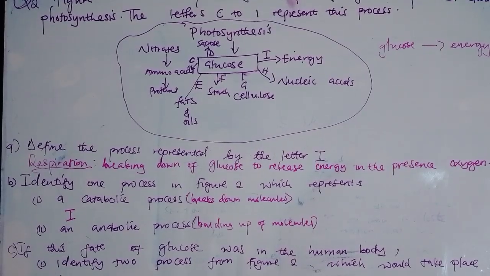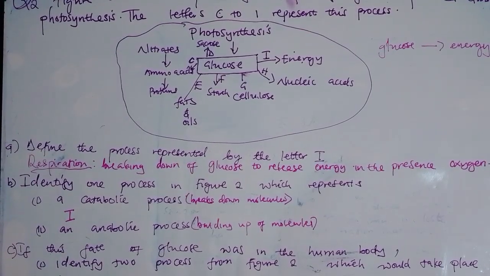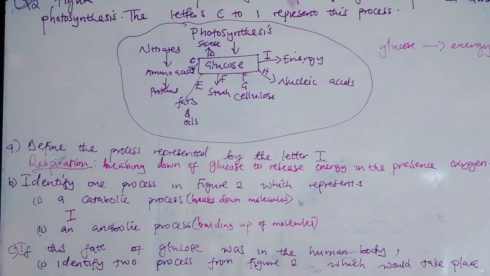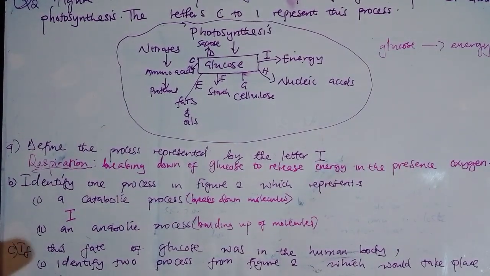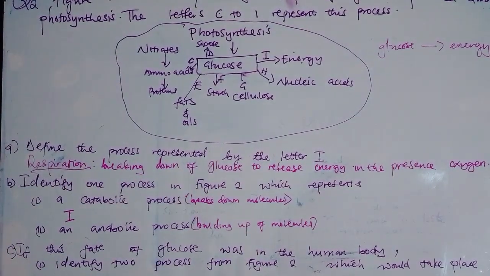So these are some of the examples of an anabolic reaction, a process which involves the building up of molecules. So you can either say H, G, F, or E. Pick one process.